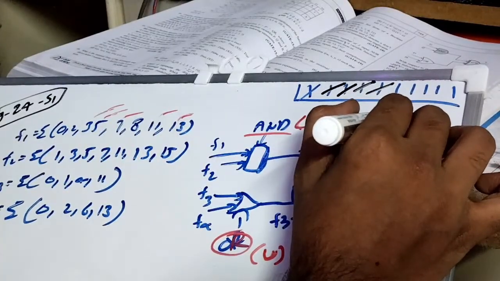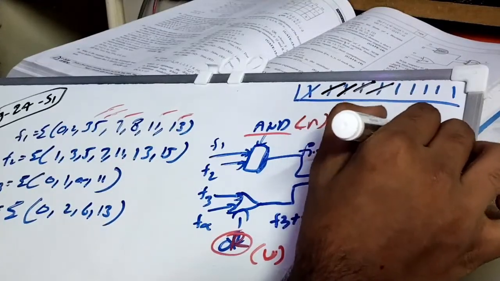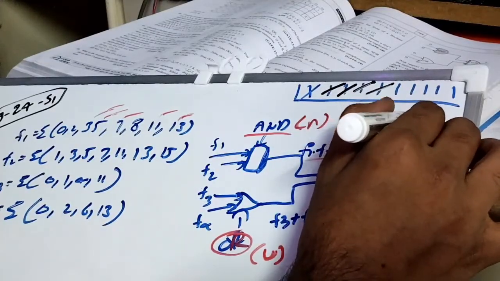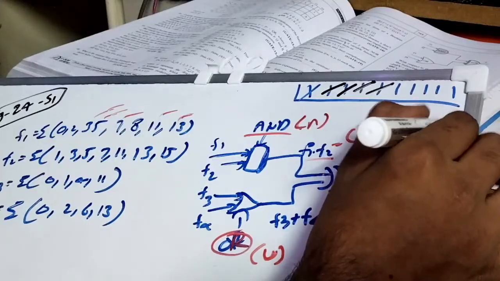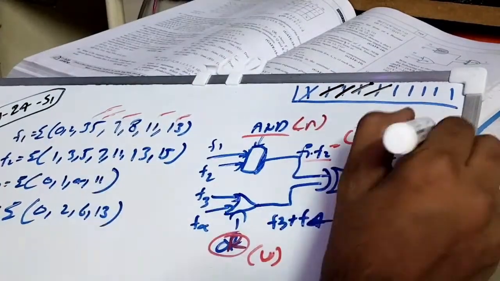First 3, 5, 7, 8, no, not 8, 11 and 13. Okay, 3, 5, 7, 11, 13.